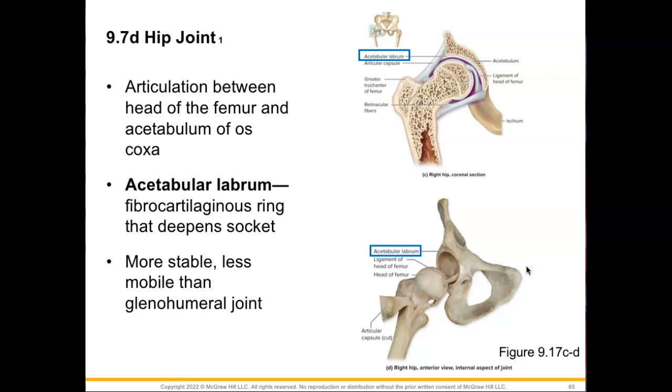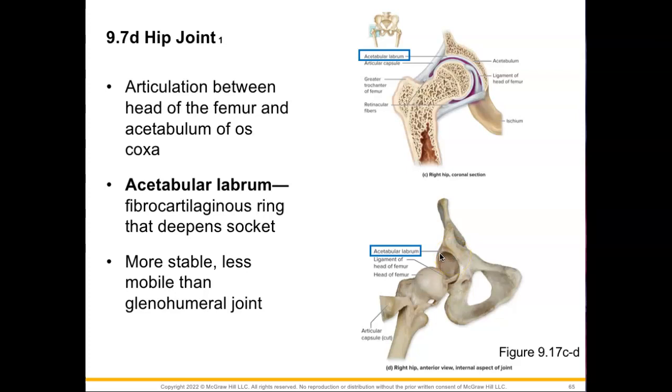Now on to our hip joint, where we are going to have articulation between our head of the femur and the acetabulum of the os coxa. We are also going to see a labrum here. We call this the acetabular labrum. That's going to make the socket deeper, and you could see this here in the cadaver version.